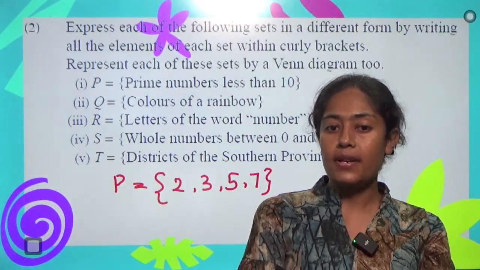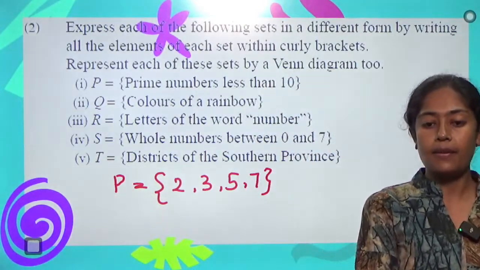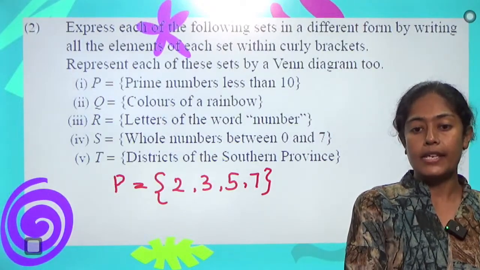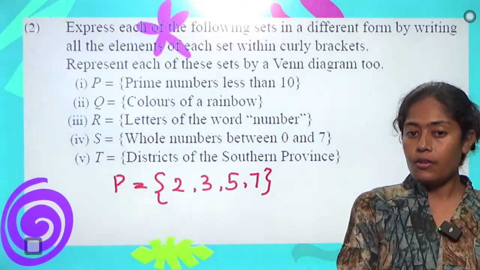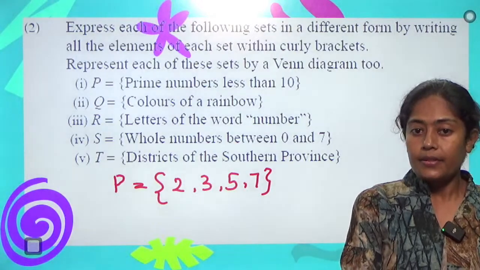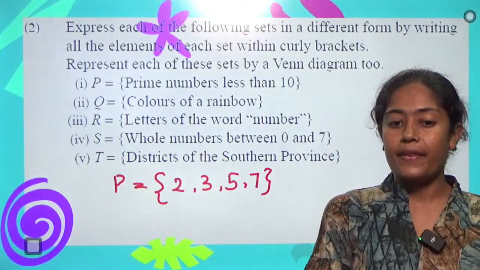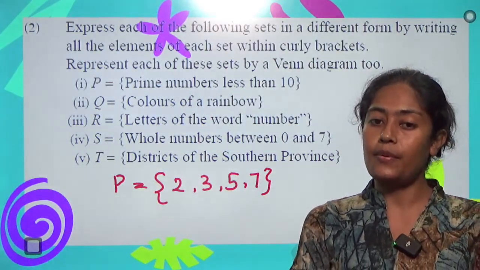That means the numbers we are used to count, or counting numbers. What are the numbers? 1, 2, 3, 4, 5, 6. Yes, 1, 2, 3, 4, 5, 6. All those elements you have to separate by using a comma, right?